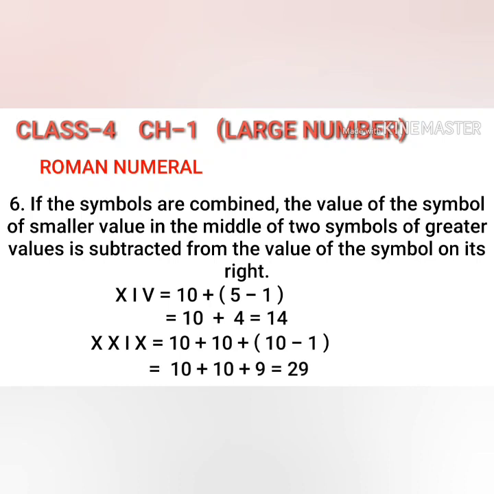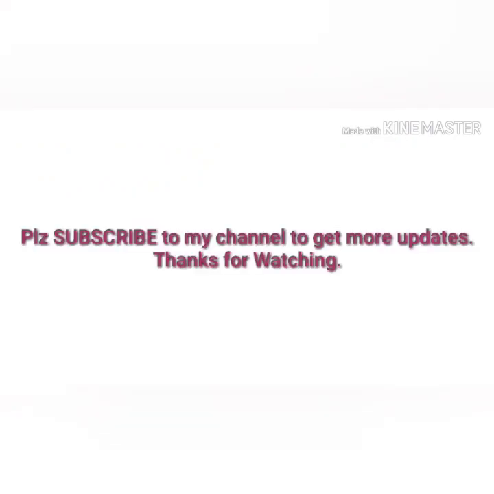The value of X is 10 and IV is 4. So 10 plus 4, that is 14. Now let's take one more example, that is XIX. So X is 10 and IX means 10 minus 1, that is 10 plus 9, which will get 19. This is all about the Roman numeral system.